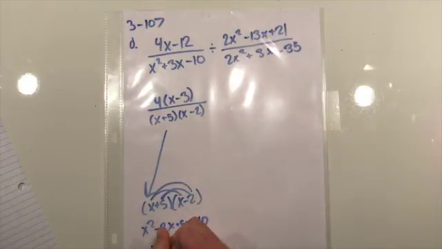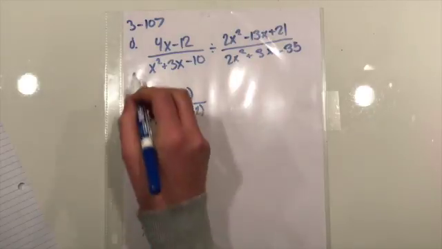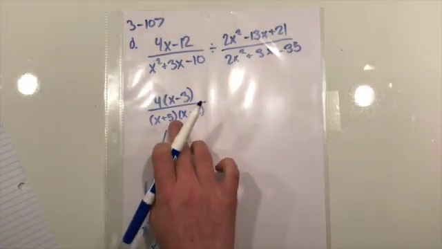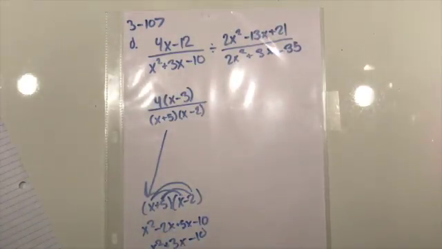Simplified, that's x squared plus 3x minus 10, which matches the original, so we know it's correct.